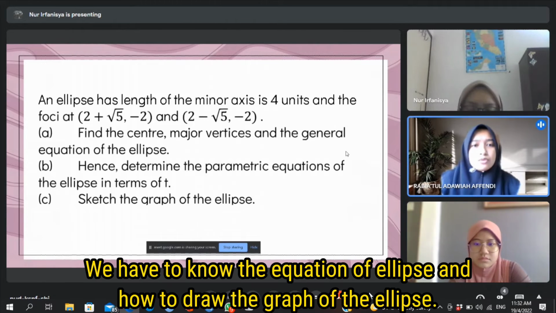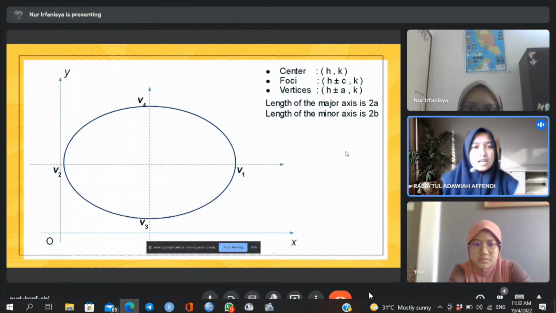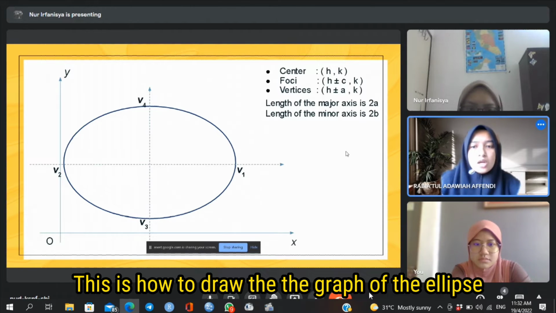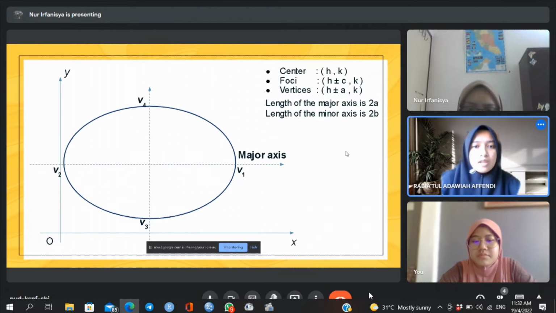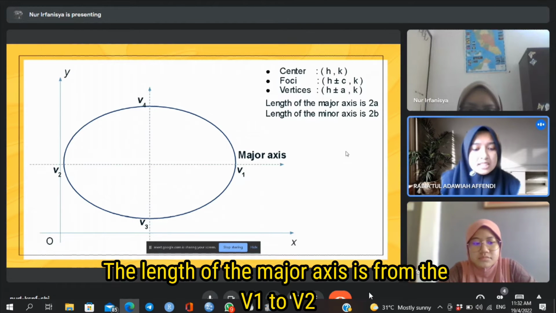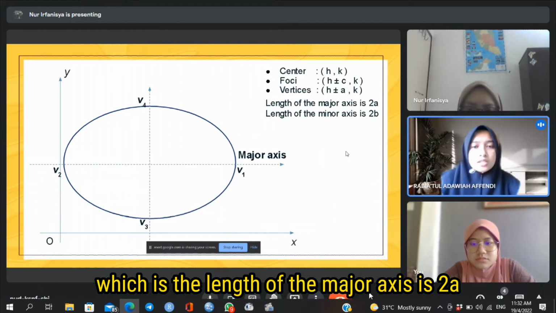Before that, we have to know the equation for an ellipse and how to draw the ellipse graph first. First, the major axis: its length is from V1 to V2, which is 2a.